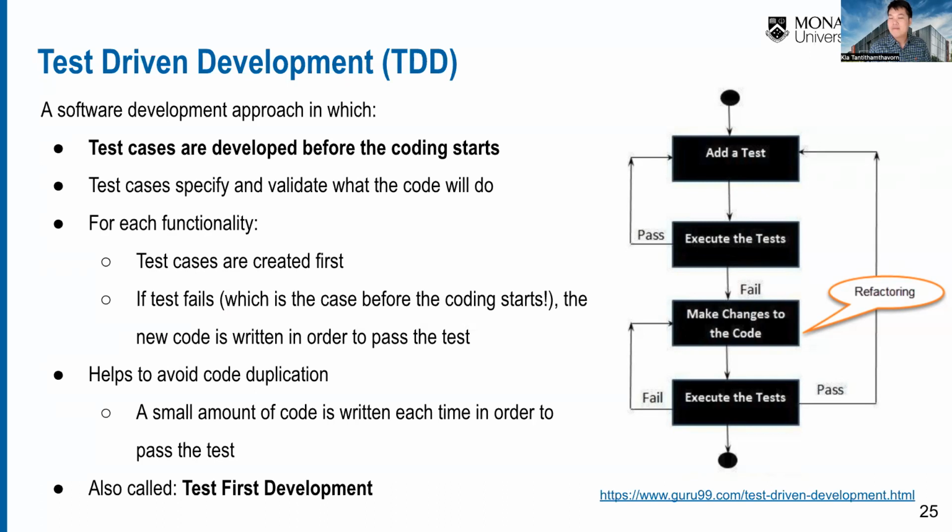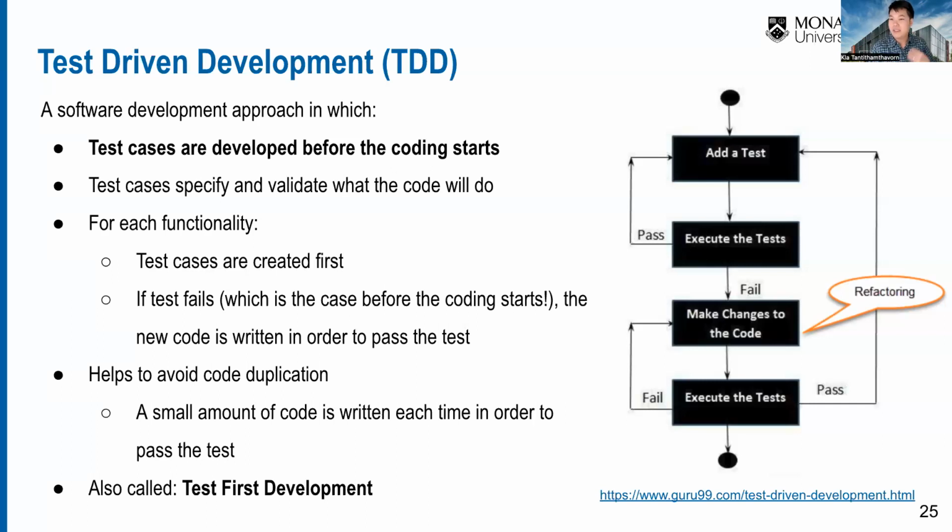But when we write the code and then write the test, probably the bugs can be discovered too late. We didn't shift the testing process to the early phase of the software development. That's why the TDD concept emerged.